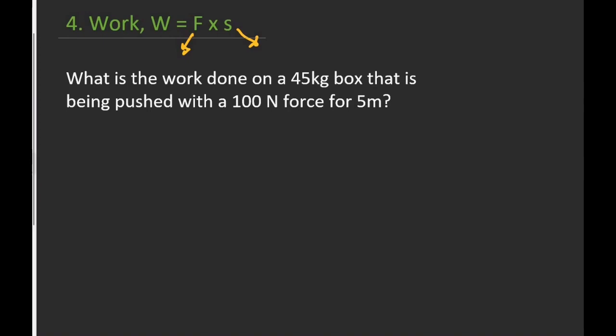Let's solve a simple work question to demonstrate how we can apply this formula. The question says, what is the work done on a 45 kilogram box that is being pushed with a 100 Newton force for 5 meters? In this question, we are given the force on the box and the distance it travels. So we need to use these values to calculate the work done.